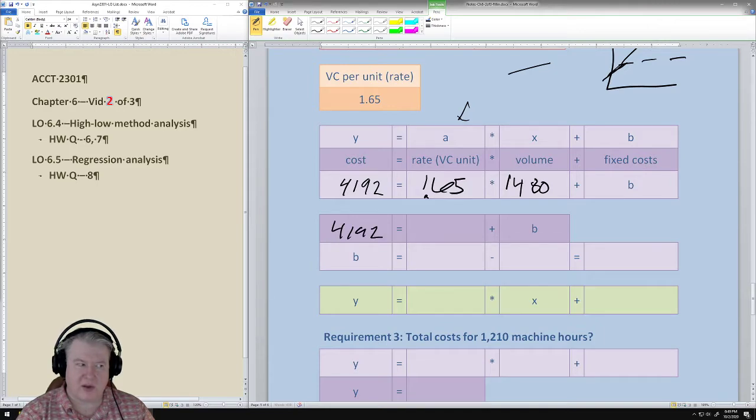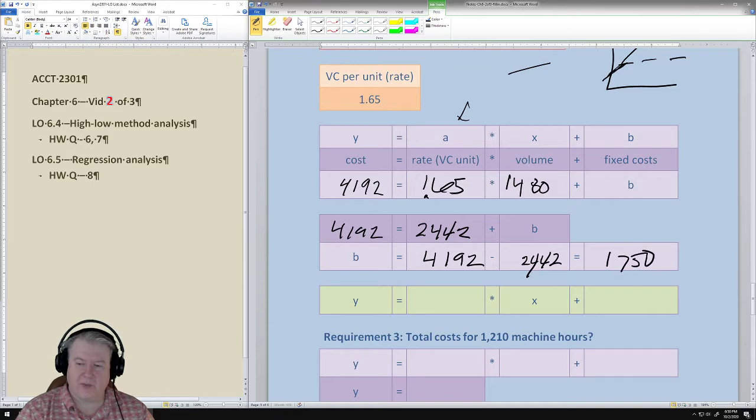When we multiply those out, that ends up being 2442. This one I'm not doing in my head; I'm actually cheating off my previous calculation. That comes to, when we then move the equation around and solve for b, which is our fixed cost, 4192 minus this 2442 equals, and this is our fixed cost.